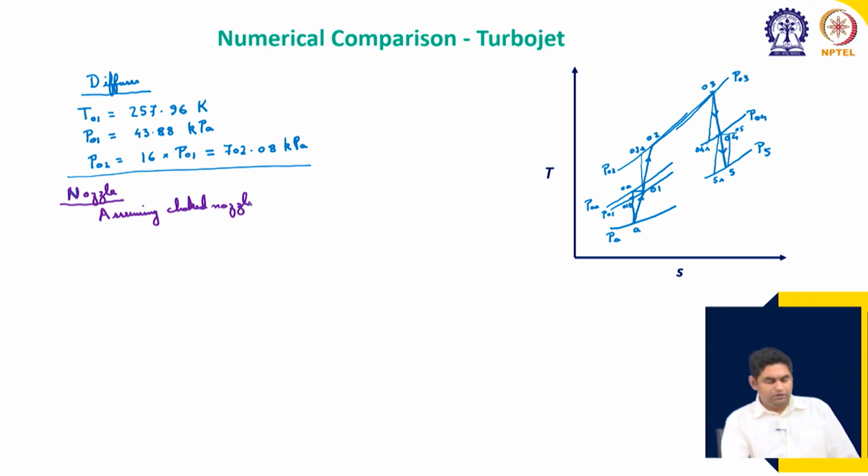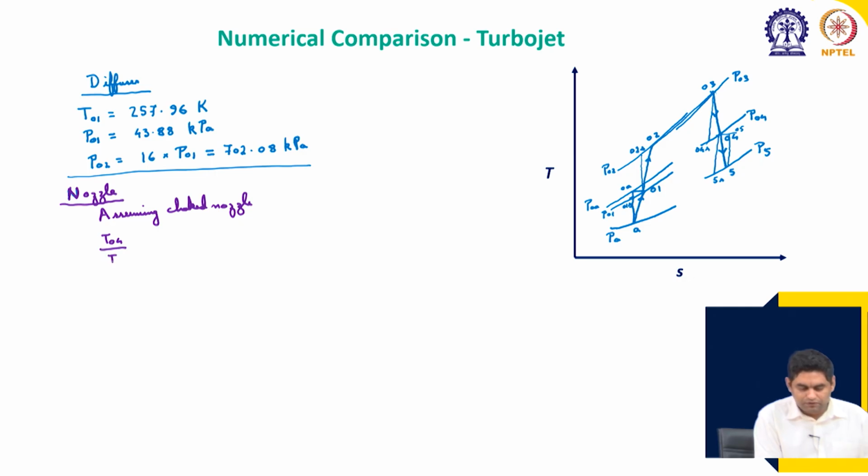Assuming that the nozzle is choked, we see that T04/T5 is equal to T05/T5, because T04 and T05 are equal, since the stagnation temperature remains constant in the nozzle.